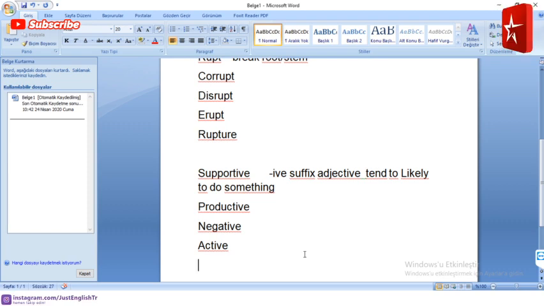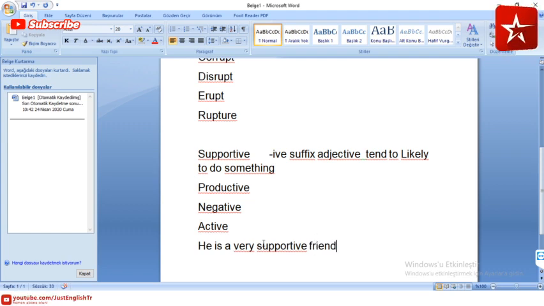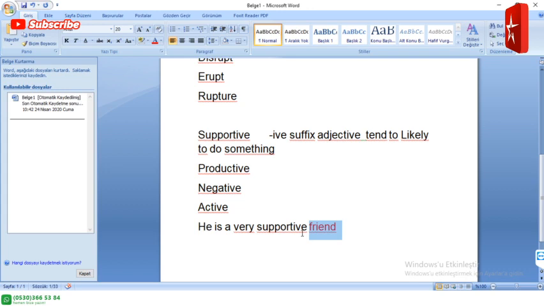If we go down and have a quick look at an example of supportive in a sentence, we can see that he is a very supportive friend. And as we can see here, supportive is being used before the noun. Just here, and I'll highlight that. That's one way in which we can use this adjective.